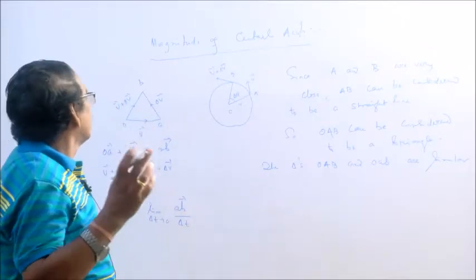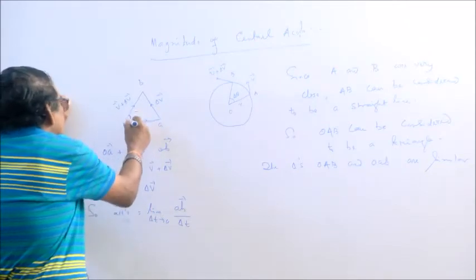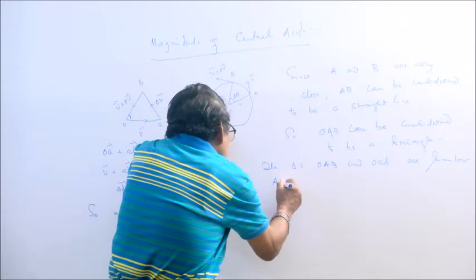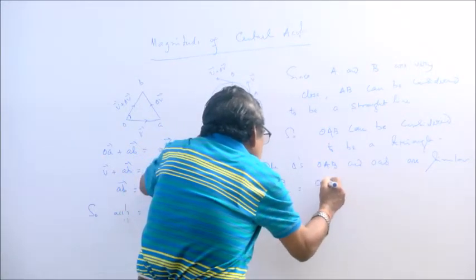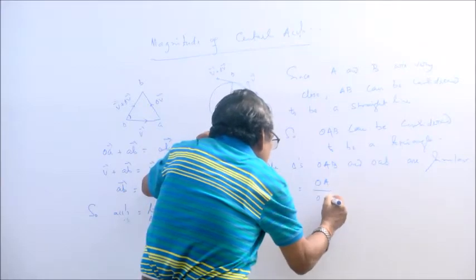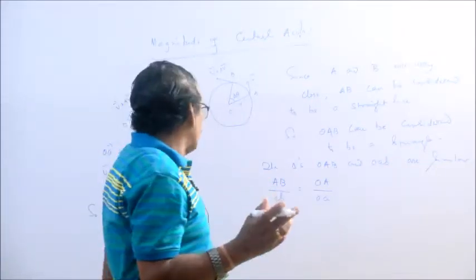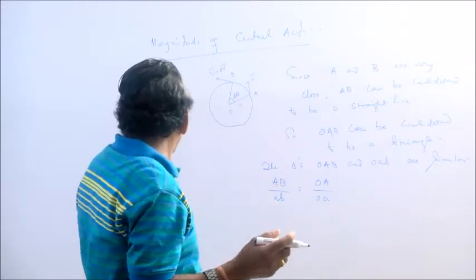So, the two triangles are similar. This angle is also delta theta. When the triangles are similar, the sides are proportional. Therefore, AB by small ab is equal to OA by small oa.